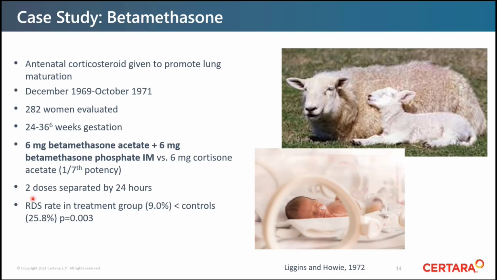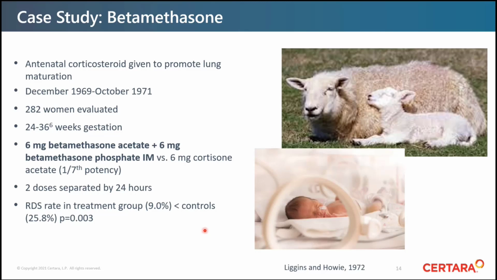They dosed it twice, 24 hours apart, and observed the respiratory distress syndrome rate in neonates in the treatment group was 9%, which was significantly lower than that seen in the control group of 25%. So this study by Liggins and Howie in 1972 has become the basis for how we dose betamethasone and antenatal corticosteroids clinically in pregnant women today.